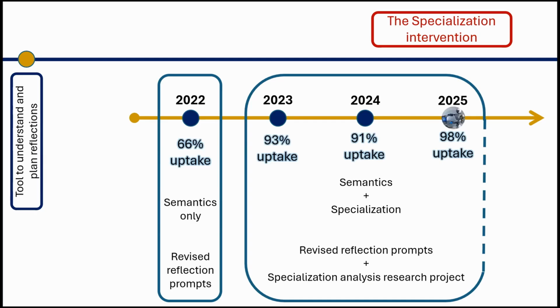In 2023, we saw 93% of the students taking up the semantics and specialization revisions together, the revised reflection prompts and passing the specialization analysis research project. 2024, 91%. In 2025, when we did this modeling of how to code, we had a 98% uptake.